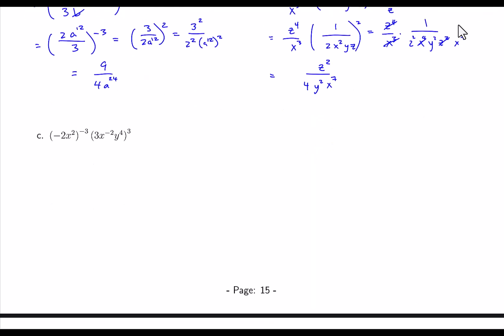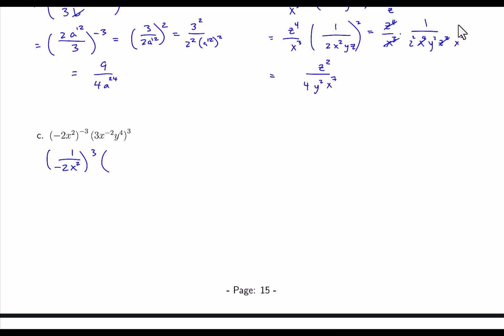Another quick example here. Let's see, I'm going to invert. So I'm going to make this, let's say, negative 1 over 2x squared. All right, the negative doesn't really matter if it's in the numerator or denominator, but you'd probably hate me if I didn't, so I'll just put it there. And that would make this a positive 3, so I've inverted everything.